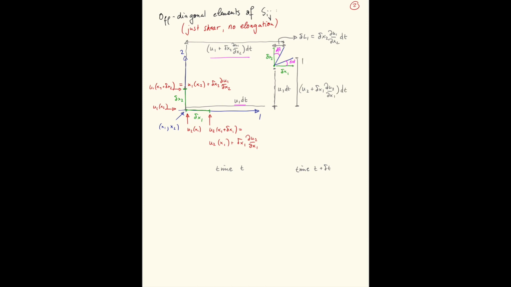So the difference, delta L2, is delta x1 times du2 dx1 times dt.